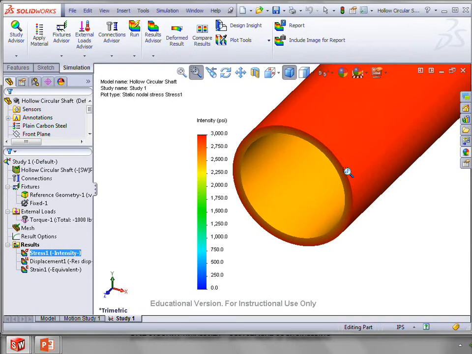So the value of the stress is still linearly proportional with the distance away from the center axis, and because the thickness is relatively thin, there's not much difference between the stress at the inner surface and at the outer surface.